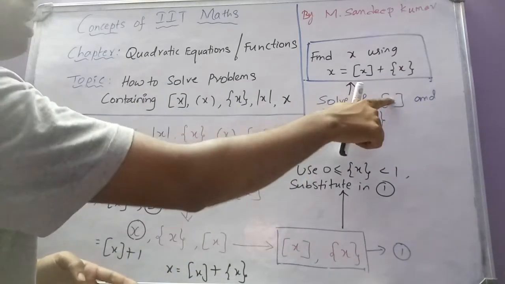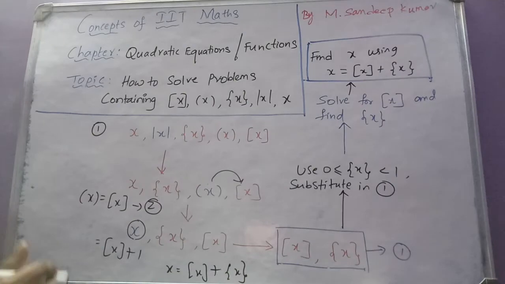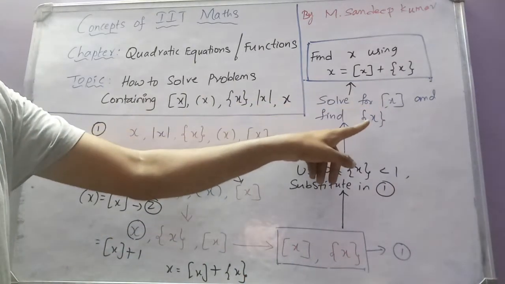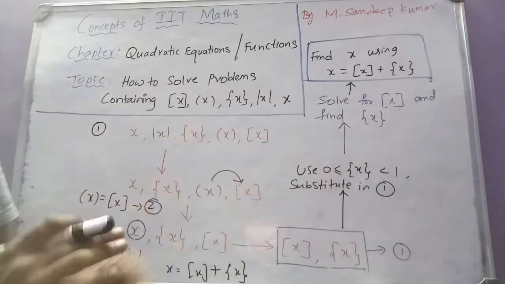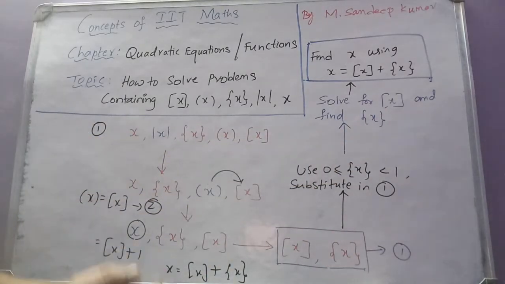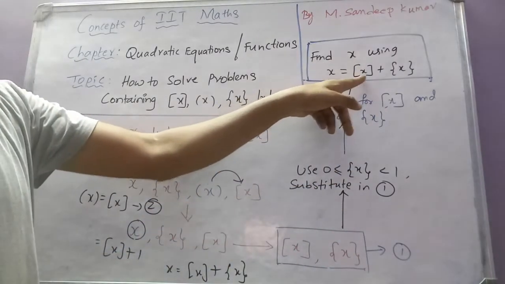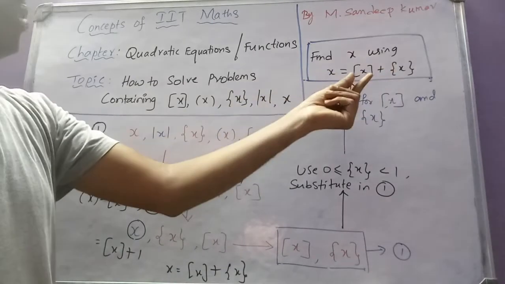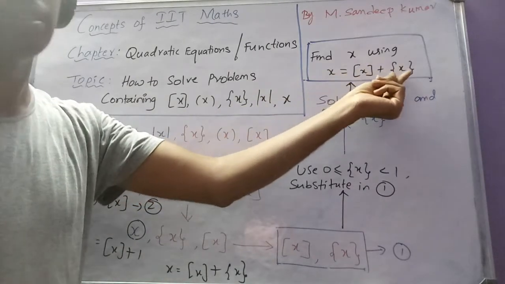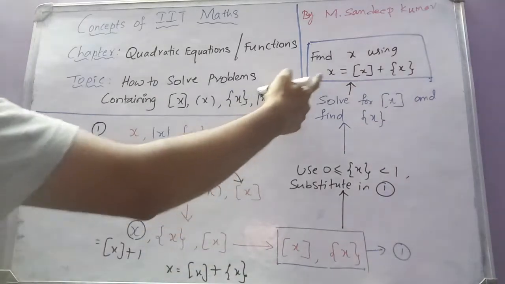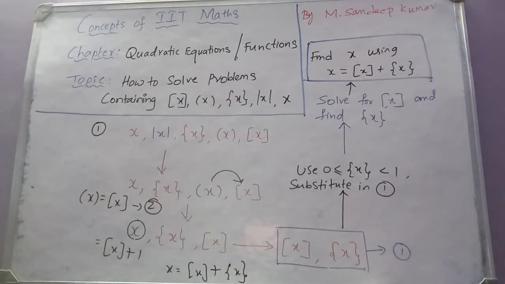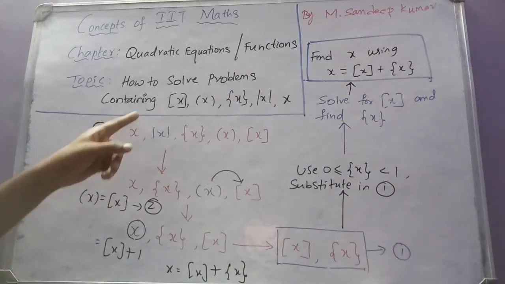And using floor of x, we can find the values of fractional part of x from equation 1. After that, we know that x is equal to floor of x plus fractional part of x. So we'll substitute the respective floor of x values and fractional part values, and then we will automatically get the values of x. So this is the method of solving.